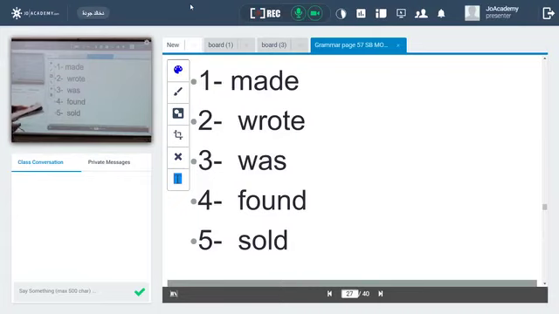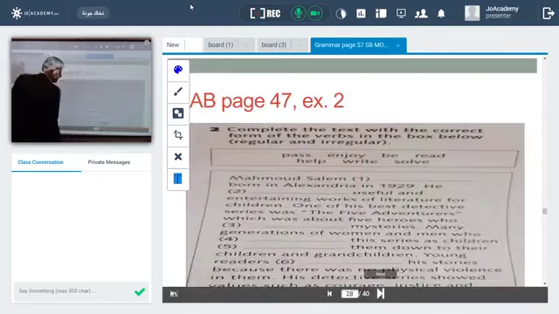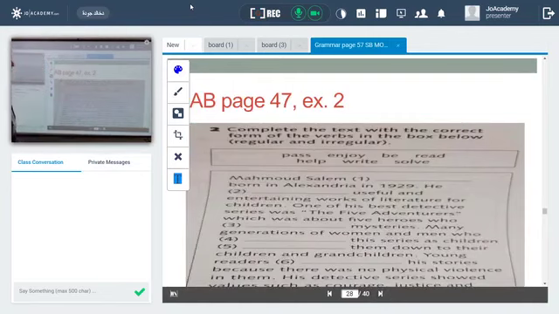So let's move to exercise number 2 also. Same page, page 47. Activity book, page 47, exercise 2. We have a passage, and we need to fill it with these verbs.